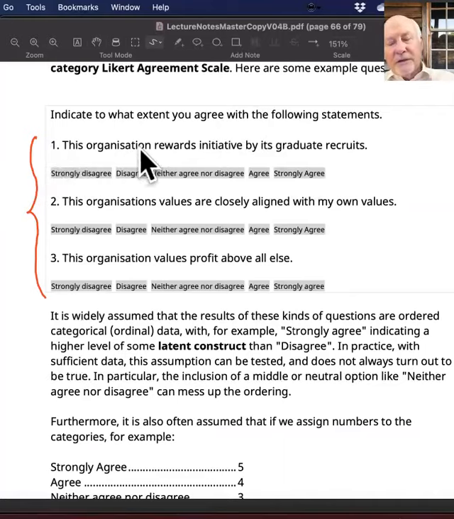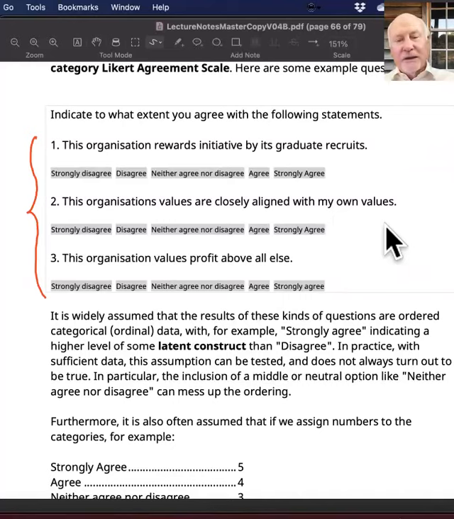Each question is trying to measure, or the term that's often used is tap into, a latent construct. These three might be trying to measure whether an employee is comfortable with the organisation's values, whether there's a good fit or alignment. That's a latent construct.